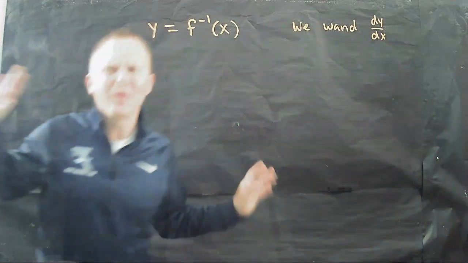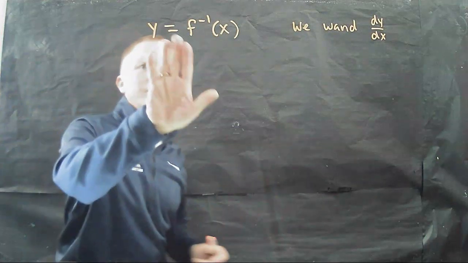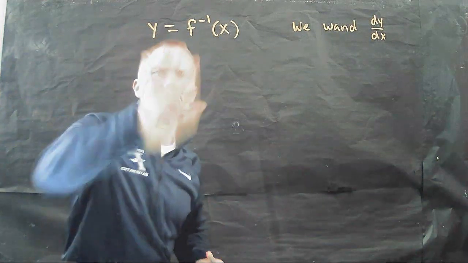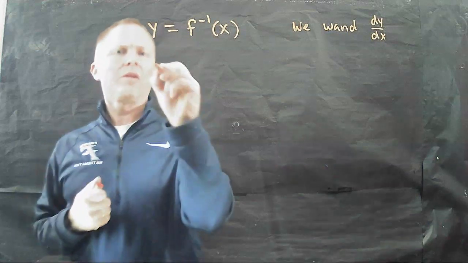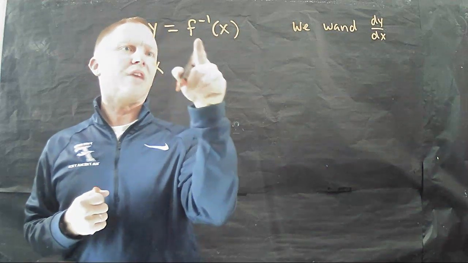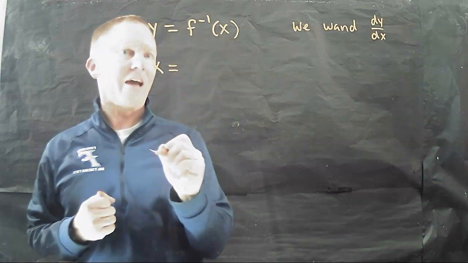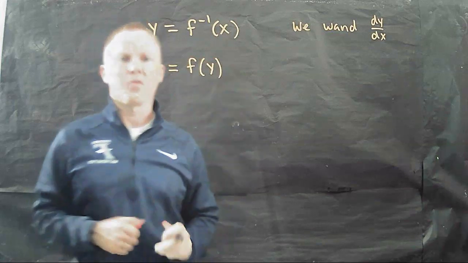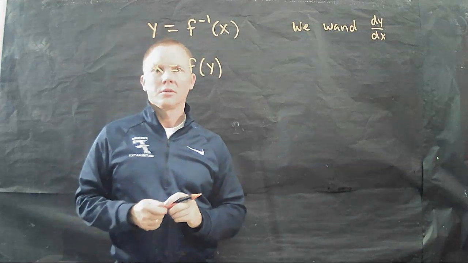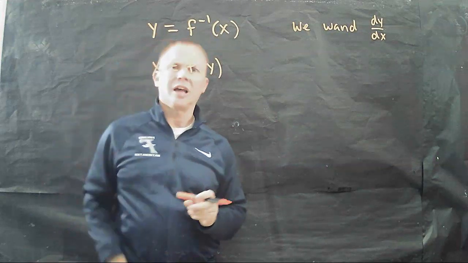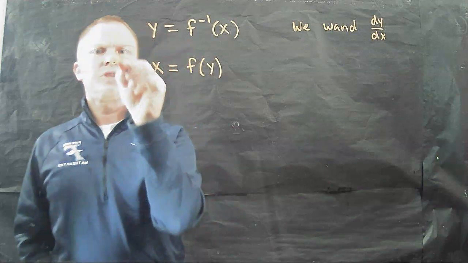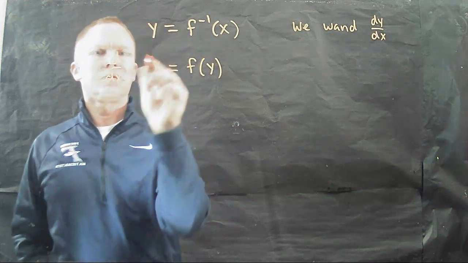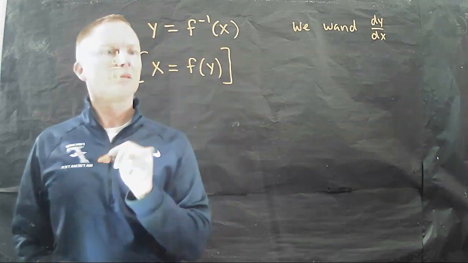So here we don't have a triangle or anything, but we've got to tell this story. We've got to rewrite this story another way. How do we do that? Well, if y equals f inverse of x, then x equals f of y. Okay? x equals f of y. And now we're going to differentiate this with respect to x.